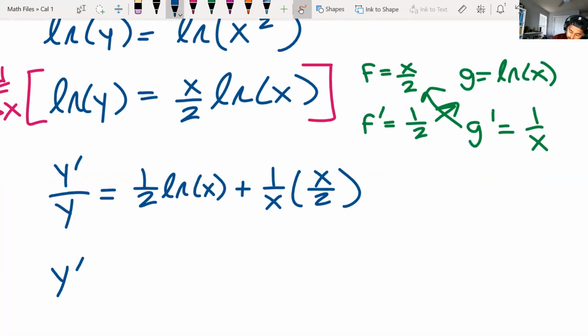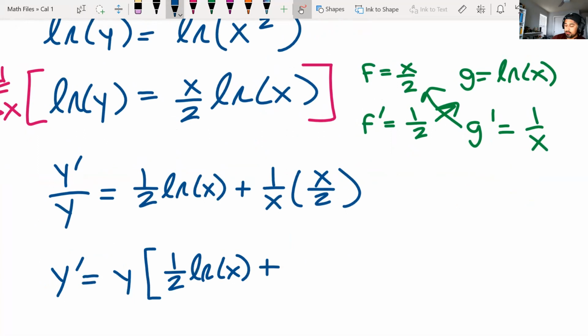And then I'll multiply that y to the right side in brackets: 1/2 natural log x plus, and then what's going to happen to our x's on these two terms? They're going to cancel. So you'll get plus 1/2.